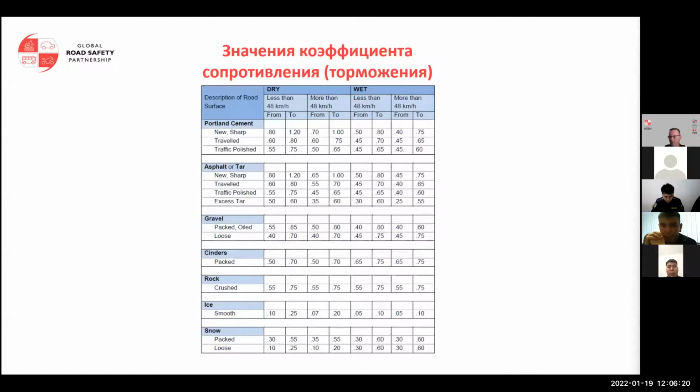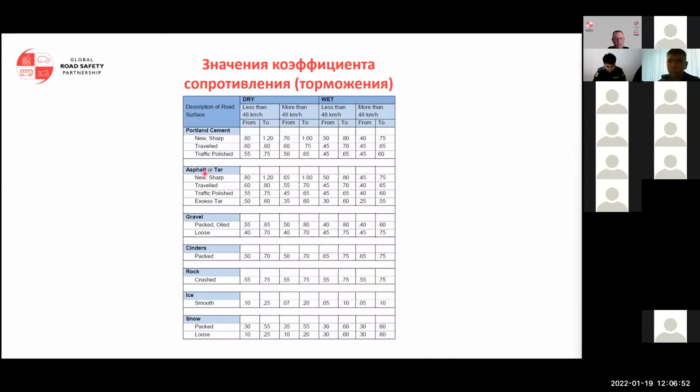This is the chart I was talking about, and it just gives different types of surface. It's an American source chart. In America, they have a lot of concrete roads. Portland cement is concrete. A new sharp road, value of 0.8 to 1.2. One that's been traveled on, so a road that is a couple of years old, 0.6 to 0.8.